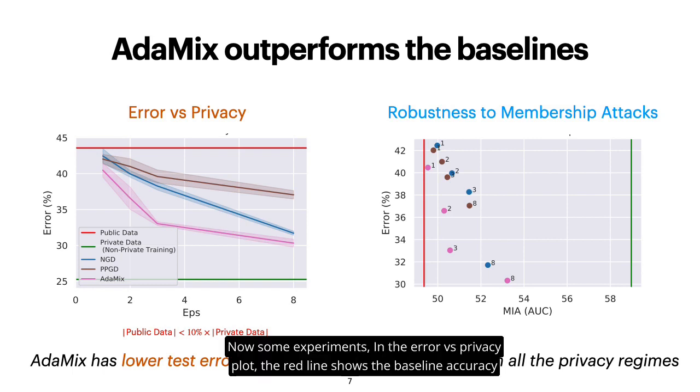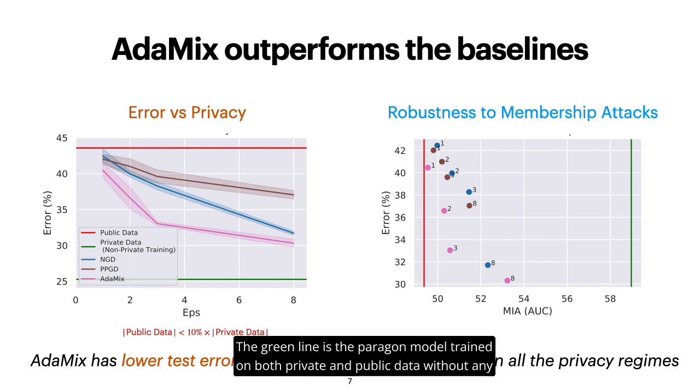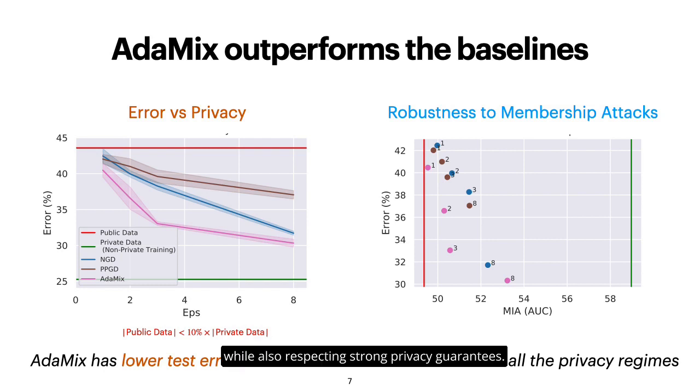Now some experiments. In the error versus privacy plot, the red line shows the baseline accuracy of a model trained using only the public data. The green line is the paragon model trained on private and public data without any privacy constraint. We would like ADAMX, shown in pink, to be as close as possible to the green line while also respecting strong privacy guarantees.